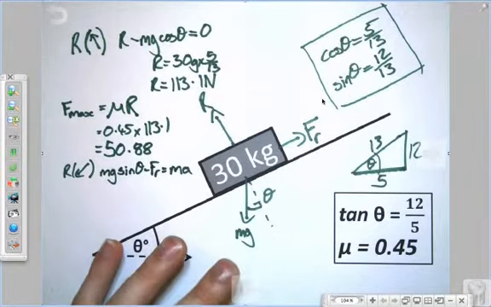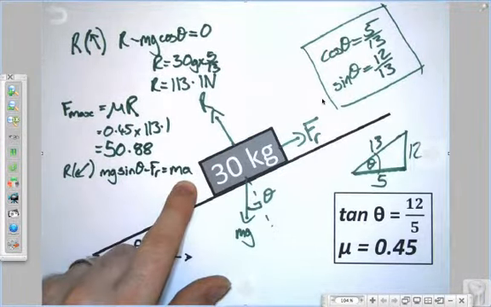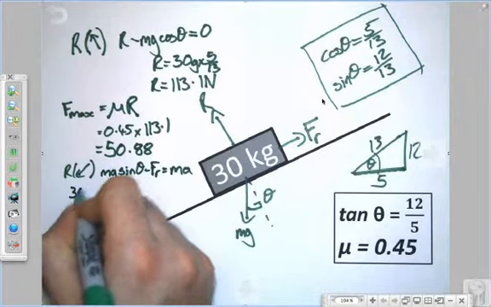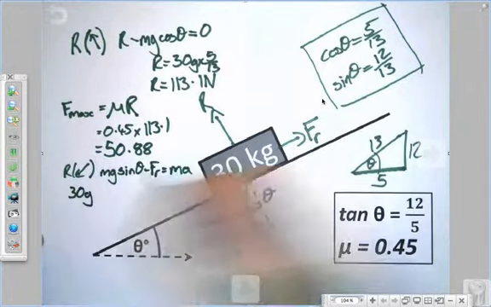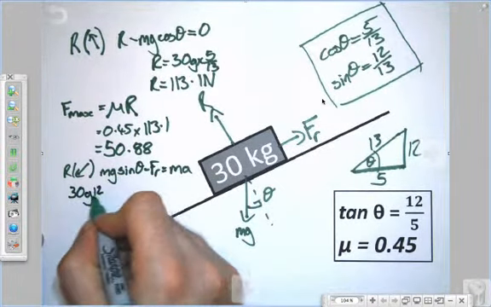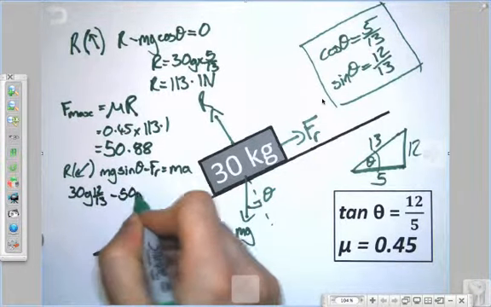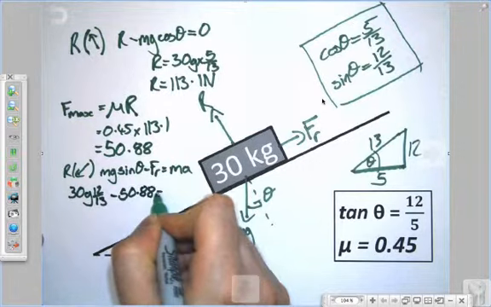Newton's second law, that's why we've got the ma. Now work that through with our values. mg is 30g times sine theta is 12 over 13, minus 50.88 equals 30a.